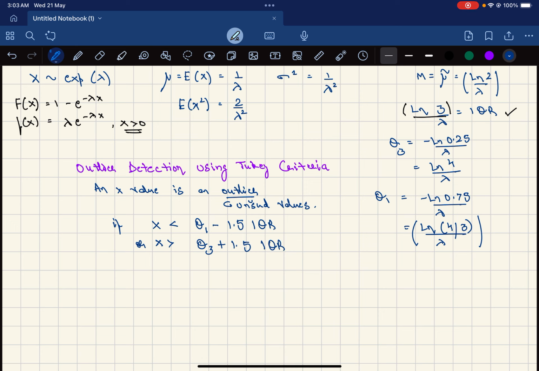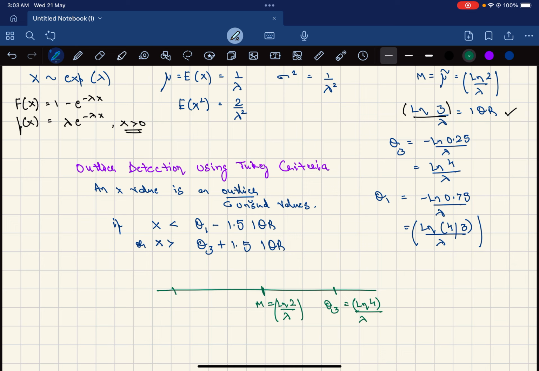So what we mean here is, let us say we draw a number line here. This basically contains all the possible values of x. Now we know that the middle value m is the median, which was calculated for exponential distribution as ln 2 upon lambda. Then there must be a third quartile value, which was calculated as ln 4 upon lambda.